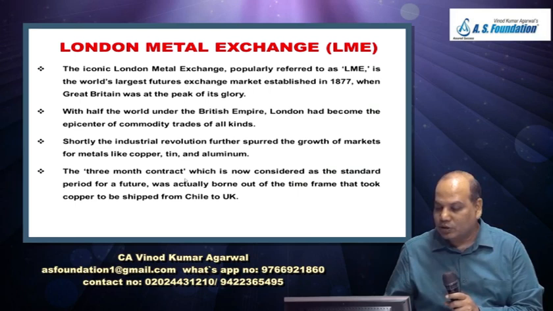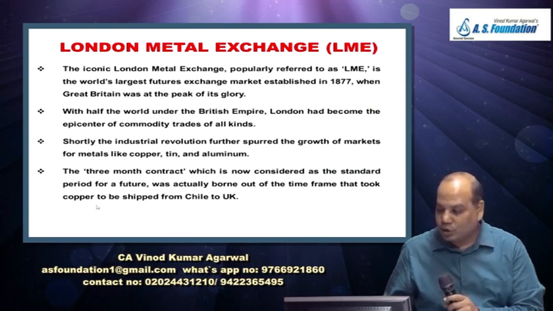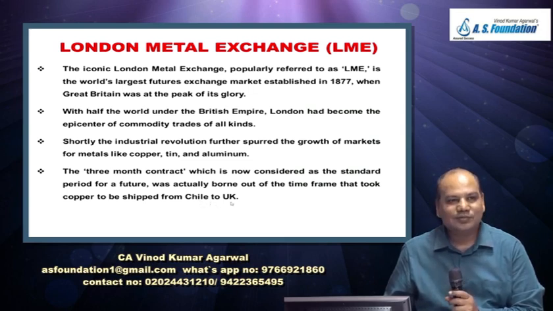The 3-month contract, which is now considered as the standard period of a future. So future has a standard maturity of normally 3 months, which was actually born out of the time frame. And what was the logic of that 3 month? Very interesting. That took copper to be shipped from Chile to UK.